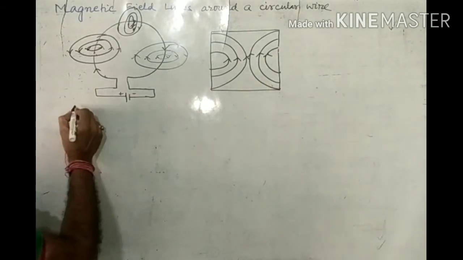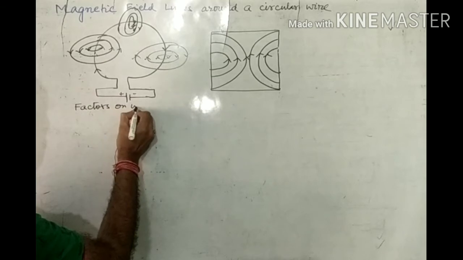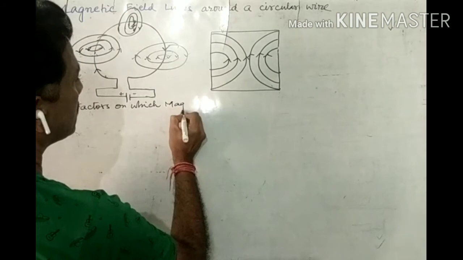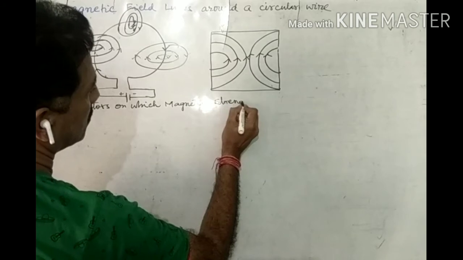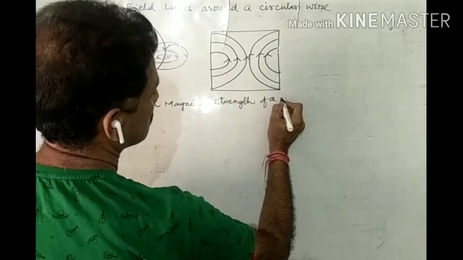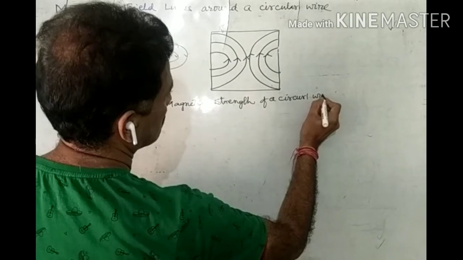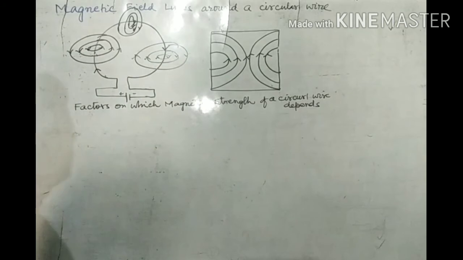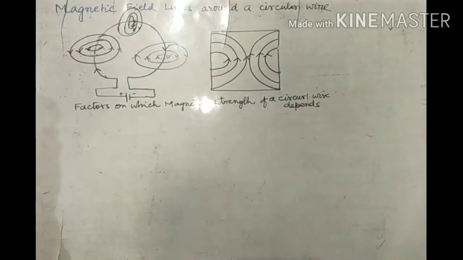Now, what are the factors on which the magnetic strength of a circular wire in which current is flowing depends?